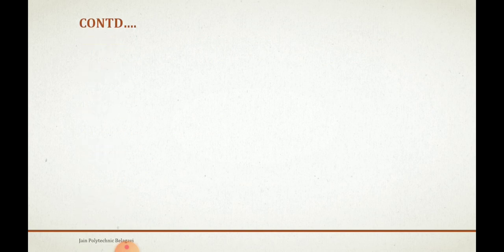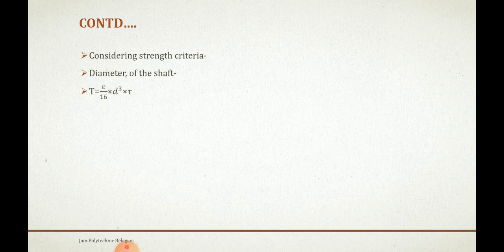Now we proceed to calculate the diameter of the shaft based upon the strength criteria. This is the formula: T equals pi by 16 d cube into tau. T we already calculated, that is the maximum torque. D we have to calculate. The shear stress value is already given in the problem.